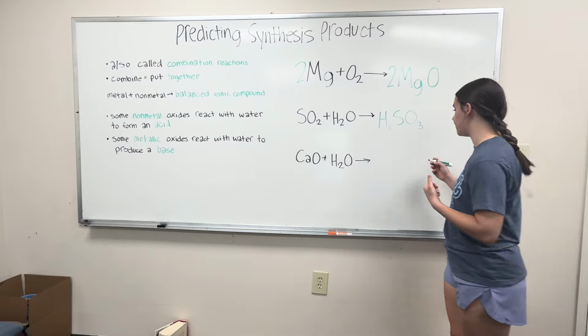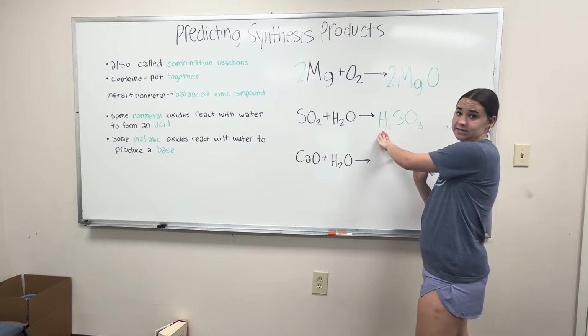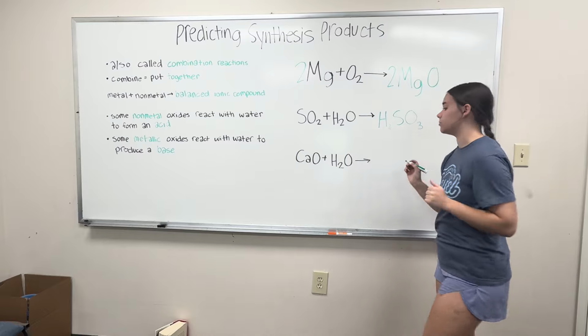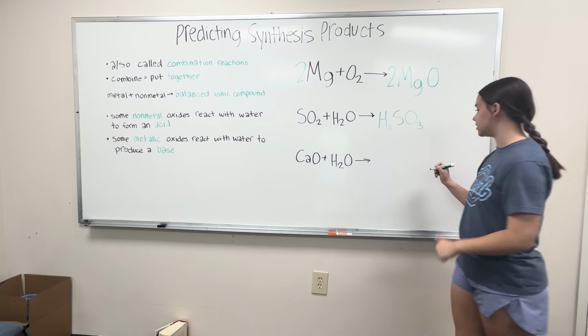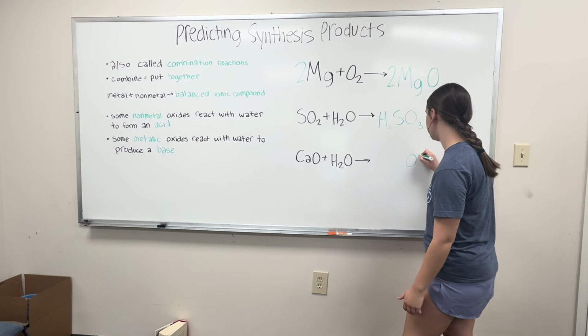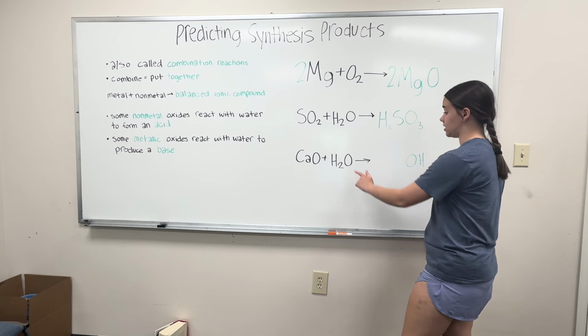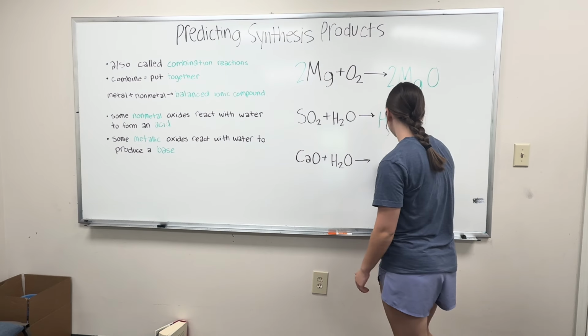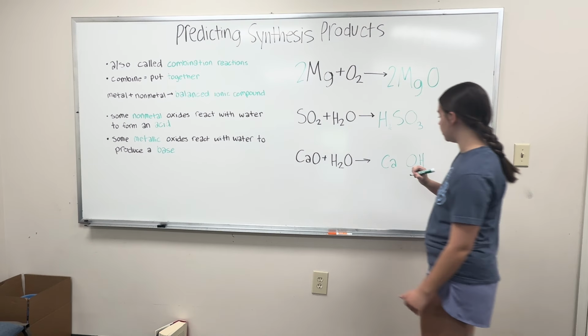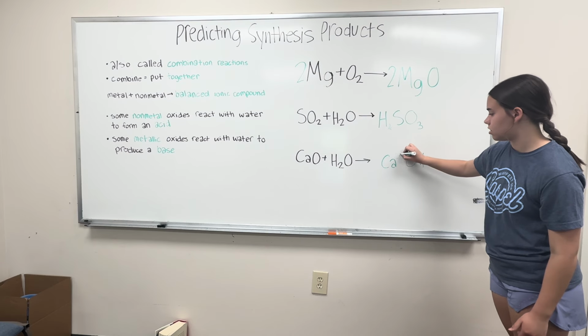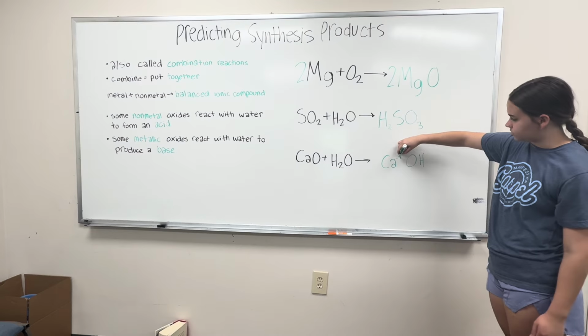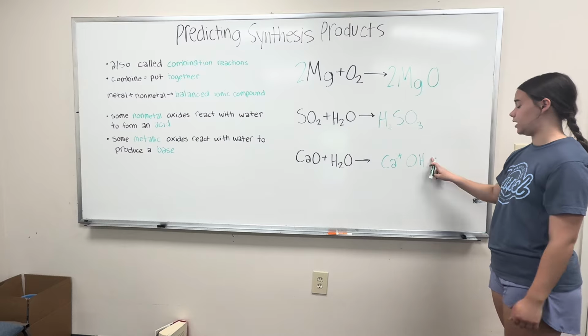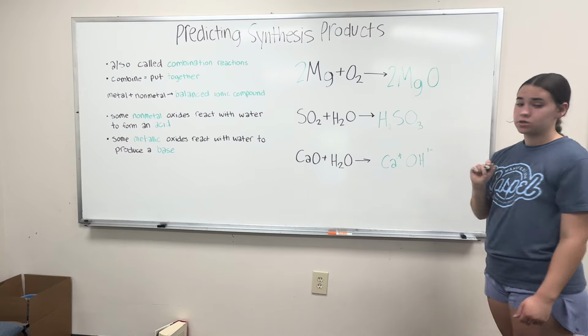What makes an acid is that it starts with hydrogen, so I know my bases are going to end in hydroxide, which is OH. That accounts for my oxygens and my hydrogens. And now over here, I need to put my calcium. Calcium has a 2+ charge, and my hydroxide has a 1-, so this is not balanced.